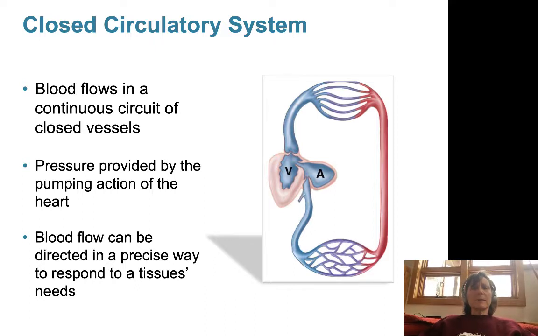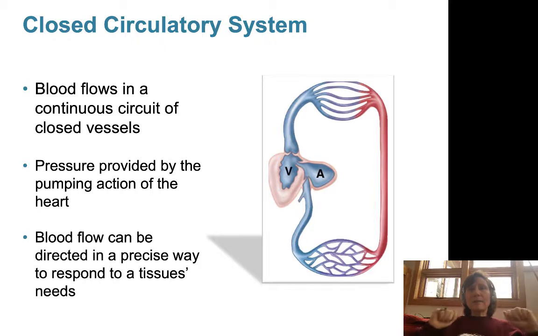Within this system, pressure is provided by the pumping action of the heart. You need some sort of pump that's going to keep this fluid flowing around. In an open system, you also have a heart pumping, but it's just sloshing that hemocyanin or whatever the circulatory fluid would be around the organs in the body of, say, insects and flatworms and various invertebrates.